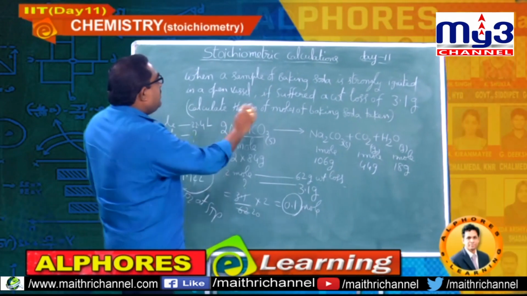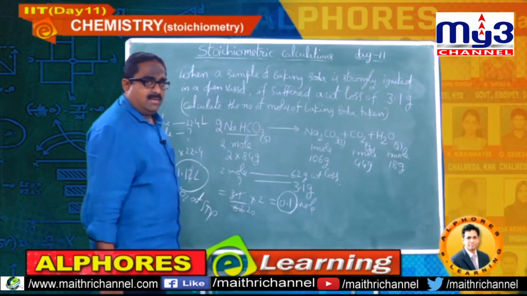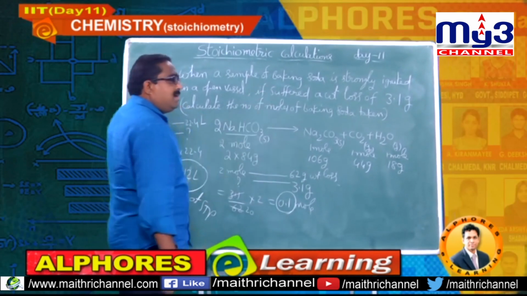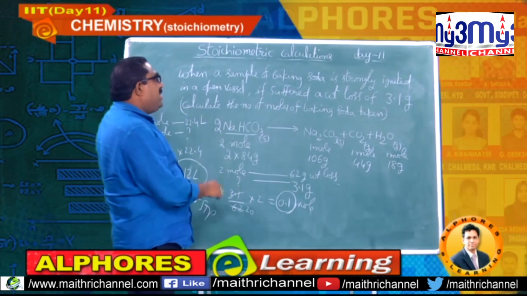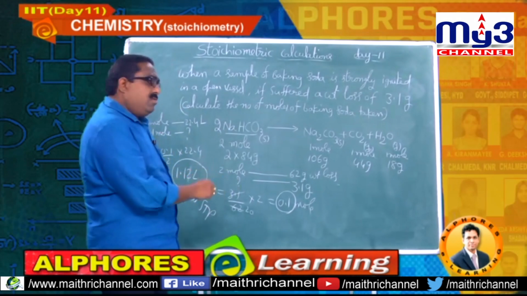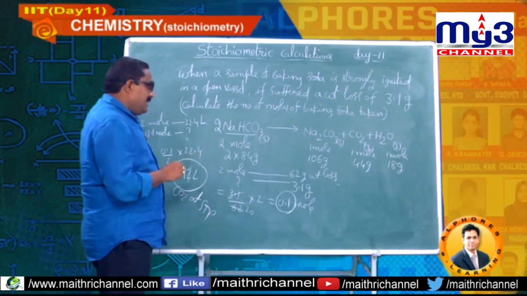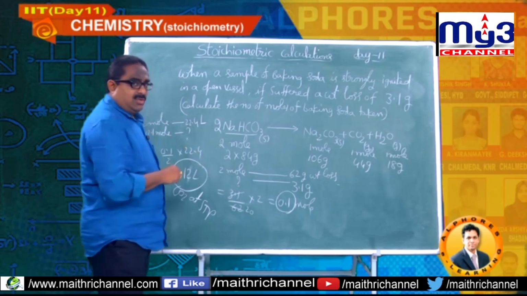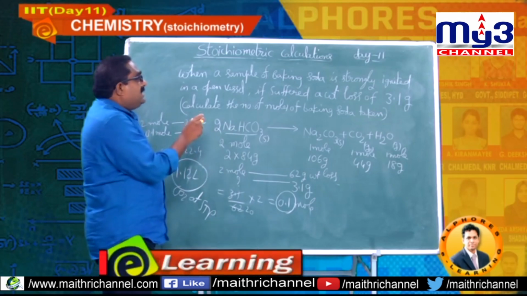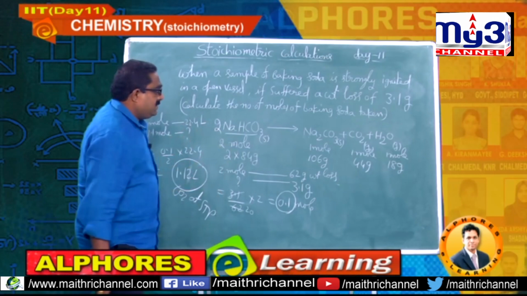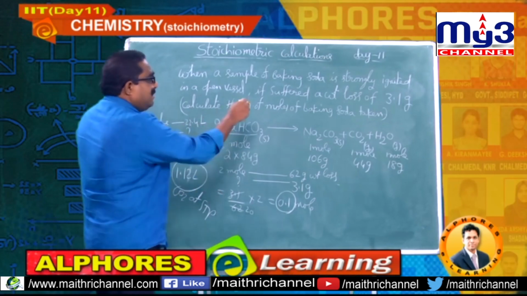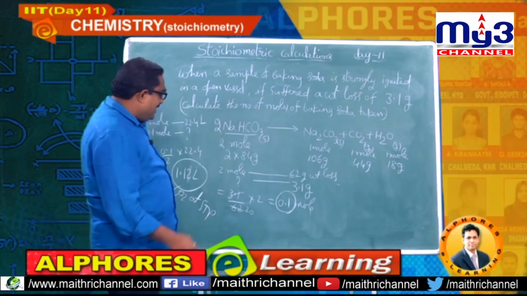So any number of questions can be framed based on the same data, but we should be in a position to evaluate exactly what he is asking and what we are doing for the solution, and this is the way to calculate the particular question. Okay, students, note it down.